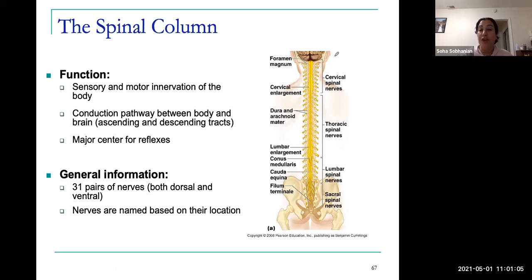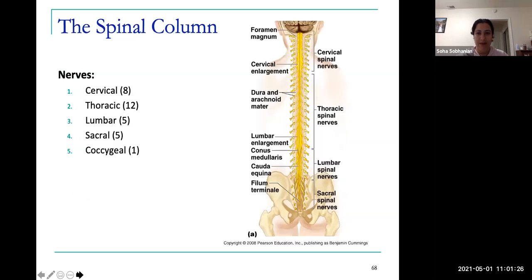You have a total of 31 nerves. So you have 12 nerves for your brain and 31 nerves for your spinal cord. They're both front and back, so dorsal and ventral, that's basically what it means. And their location basically decides the terminology we use to name them. If they're associated with the neck region, we call those cervical.